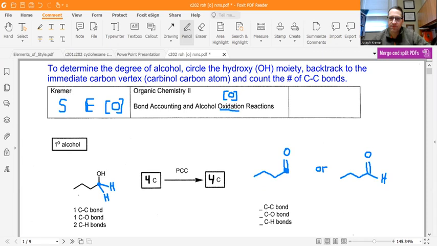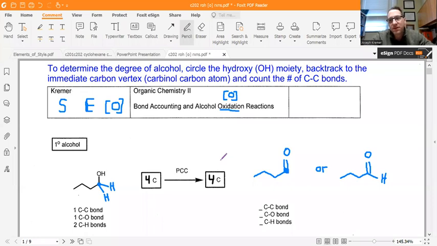Like you saw for substitution nucleophilic, the degree of alcohol will depend upon their activity. For substitution nucleophilic, 1 degree and 2 degree alkyl halides gave a reaction, and 3 degree did not.